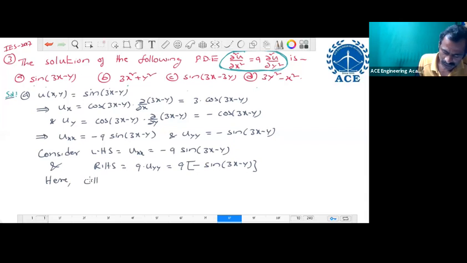Here LHS equals RHS. That is, the given differential equation is satisfied with option A. Therefore, option A is correct. That's it. Because of the particular solution, the equation will satisfy with one of the solutions only. You need not verify the other options. We can stop here. So with this, the 2017 question is also completed.